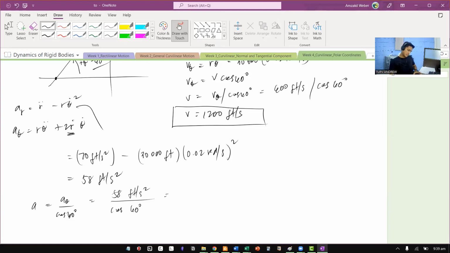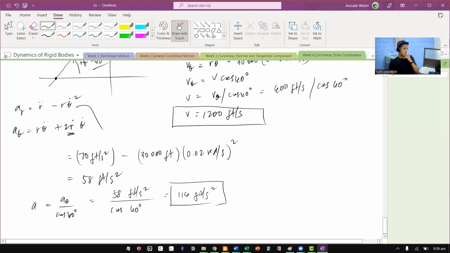I'm not sure if these numbers are correct, so please try to solve it also as a counter check. So these are the velocity and acceleration, the magnitudes. Of course, they are both vertically upward. That's why the direction is probably not asked, because it is obvious that the sense of direction is upward.